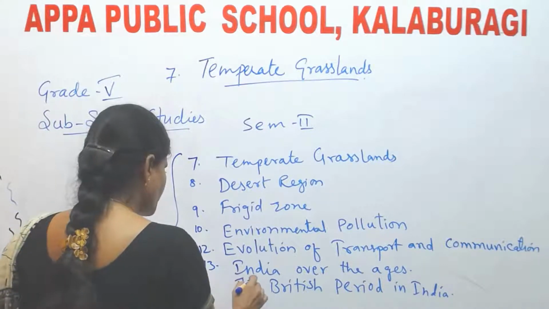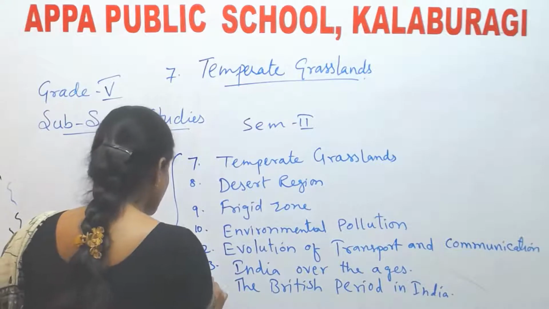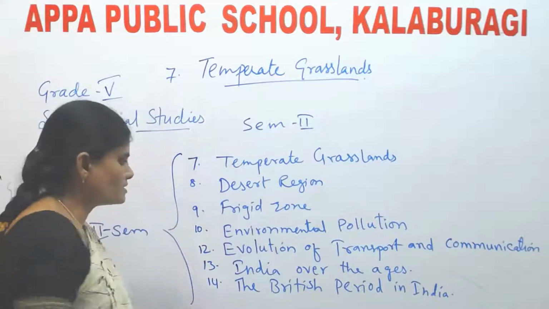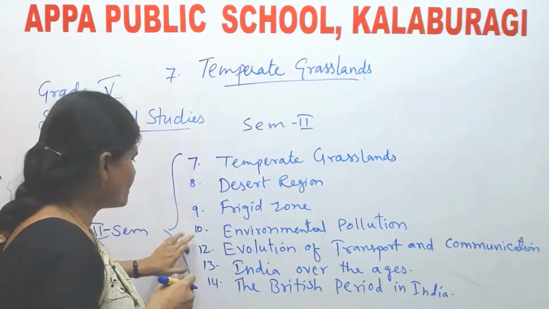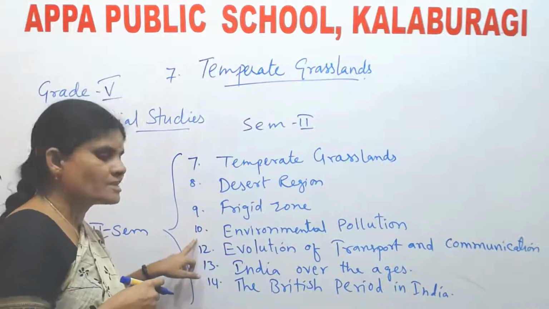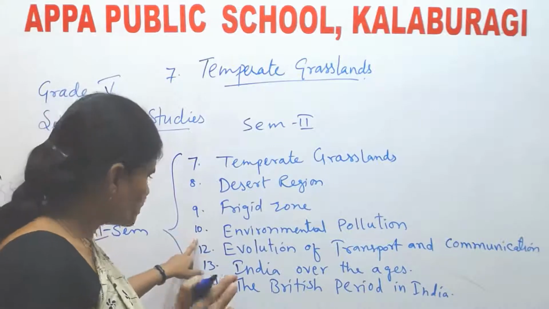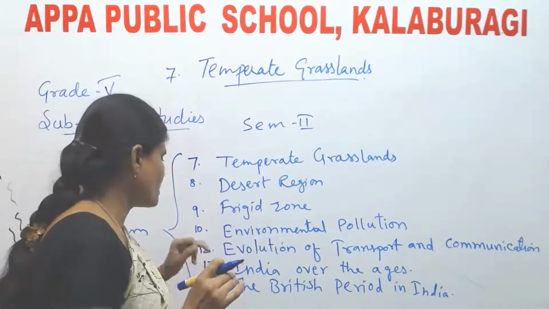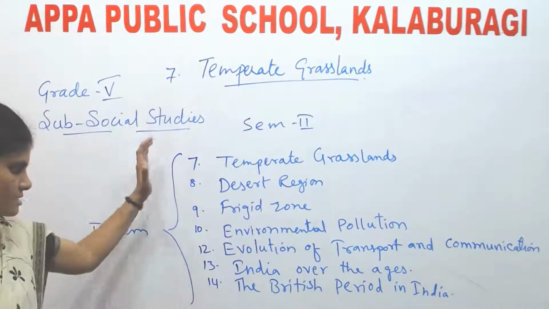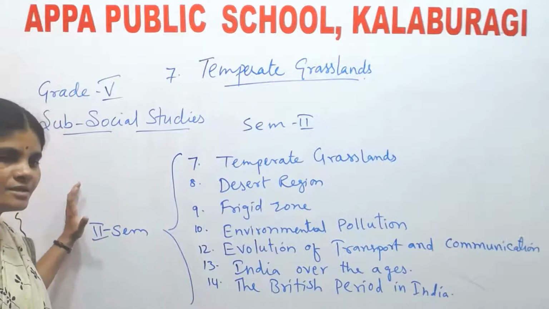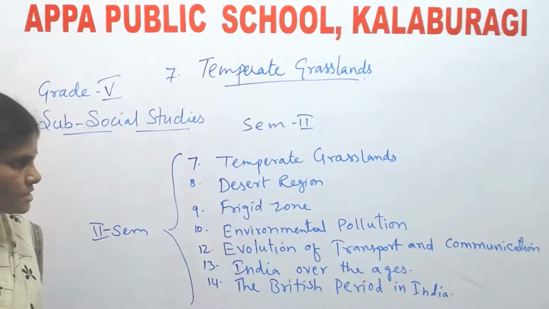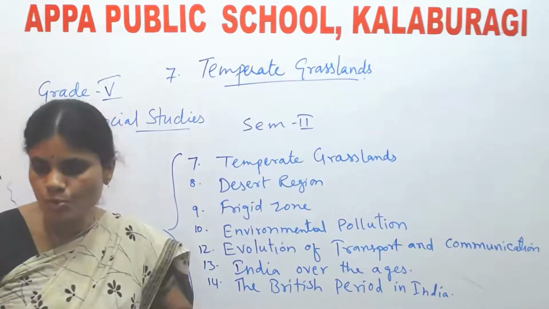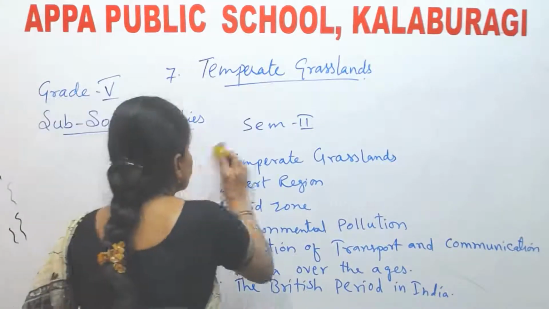And the British period in India, this is 14th lesson. Here one number is missing, no? 7, 8, 9, 10, 11th. 11th lesson is natural disasters, that is reduced from the portion. Okay. See, these are the 7 lessons you are going to get in second sem. Don't confuse. Which are the reduced lessons also, I'll write on the board. Understood, children?